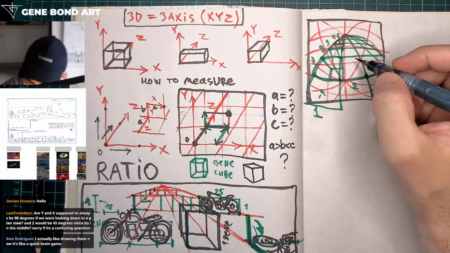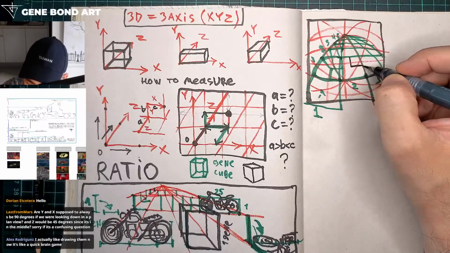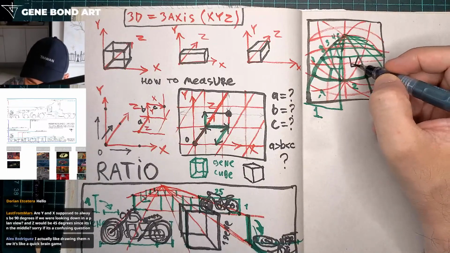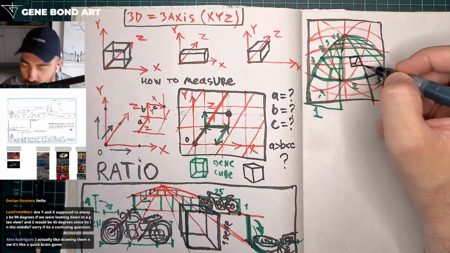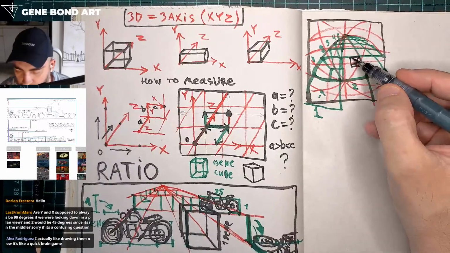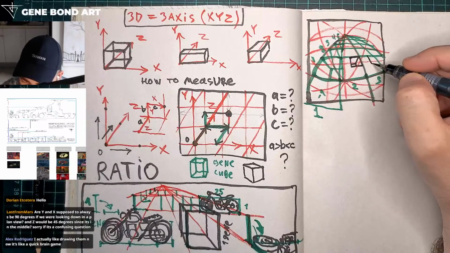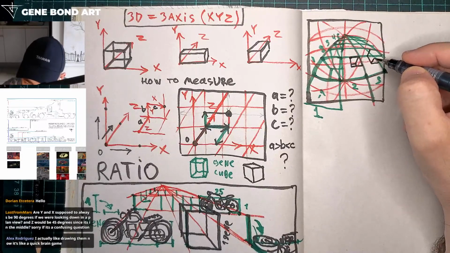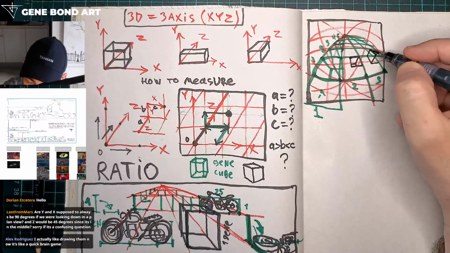So let's say I can make here a ditch, which will be a quarter of the initial cube. Or I can make an object, like a cube, which will be the size of a quarter of the initial cube.